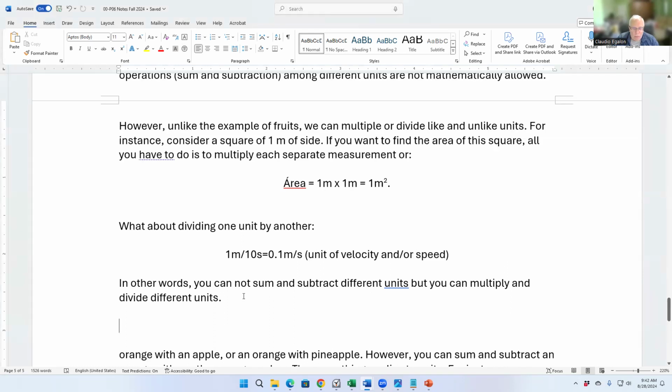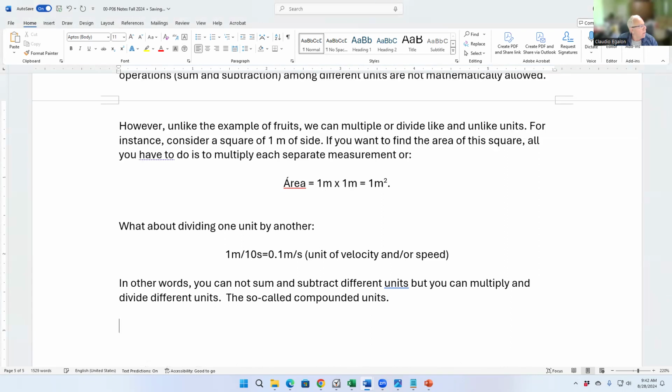Those are the so-called compounded units, what I call compounded units.